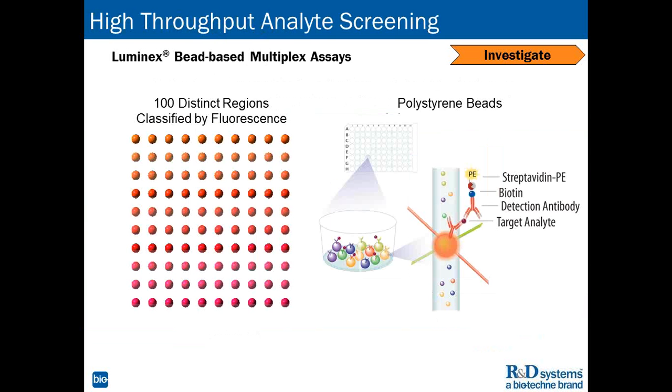As you can see in the image on the left-hand side, you have a variety of beads that are coated with different dyes, and each color is associated with a specific analyte that's coated with a capture antibody. Then you can use a detection antibody labeled with PE to detect the amount of signal in your sample. Depending on the format, you can look at up to 100 different analytes in a single sample, which I think is an amazing tool that's really underutilized in the stem cell community.